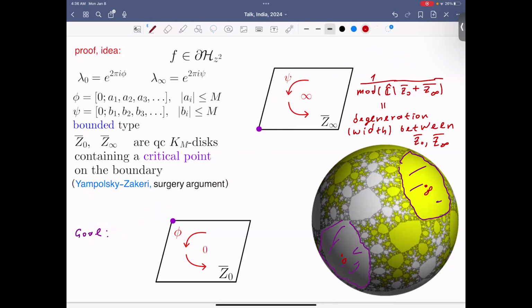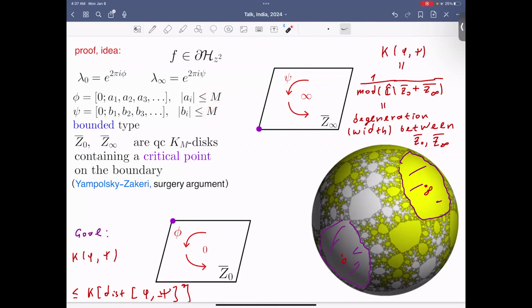Let's call it K of phi psi. And the goal is to bound it in terms of some function that depends on the combinatorial distance between the rotation numbers. And of course, we want this to be independent of M.